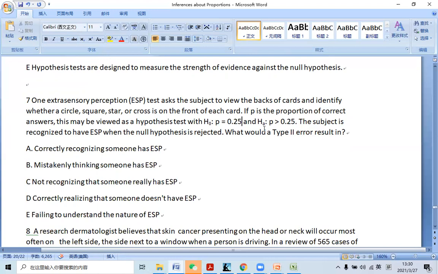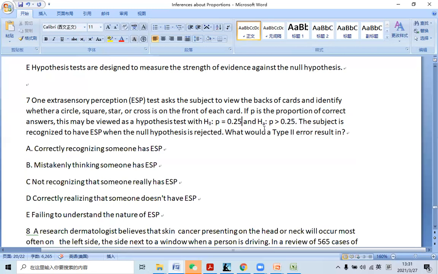Type 1 error in this case would be when this guy has no special extrasensory perception abilities, and you mistakenly believe that he has it. That's his type 1 error.